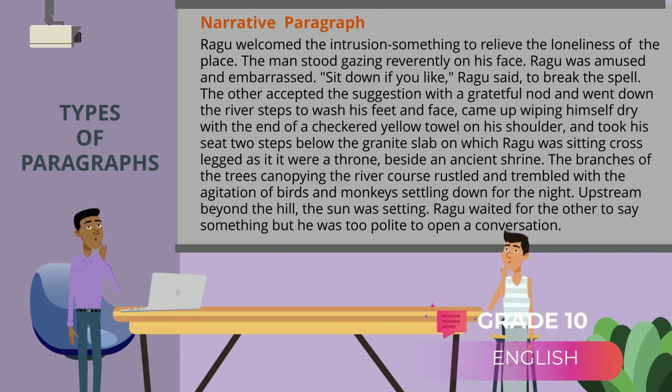Came up, wiping himself dry with the end of a checkered yellow towel on his shoulder, and took his seat 2 steps below the granite slab on which Raghu was sitting, cross-legged as if it were a throne beside an ancient shrine.